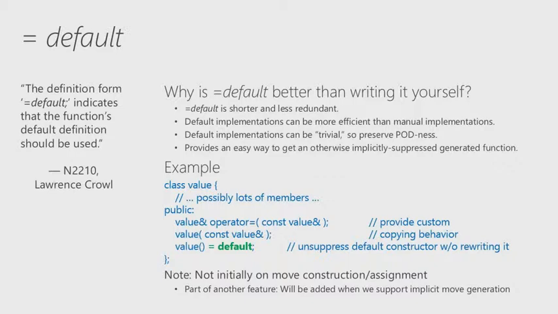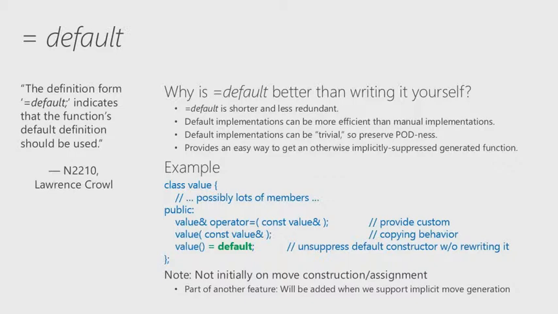So as an example, if I have a value type class that provides its own custom copying behavior, simply providing those first two functions would turn off the default constructor. But I say, no, I want the default constructor. I bring it back, but simply say equals default instead of actually writing it by hand.